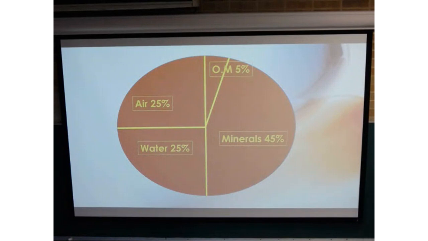Well, these percentages depend on the location. Like in a desert area, there is a lack of water. That's why in desert soil there is less than 25% water, and more than 25% air.